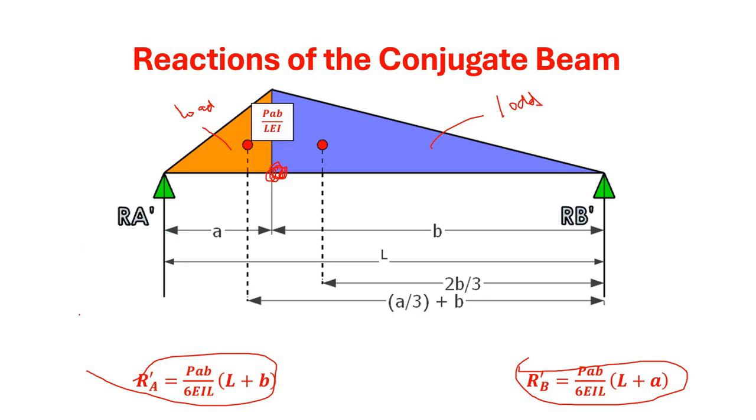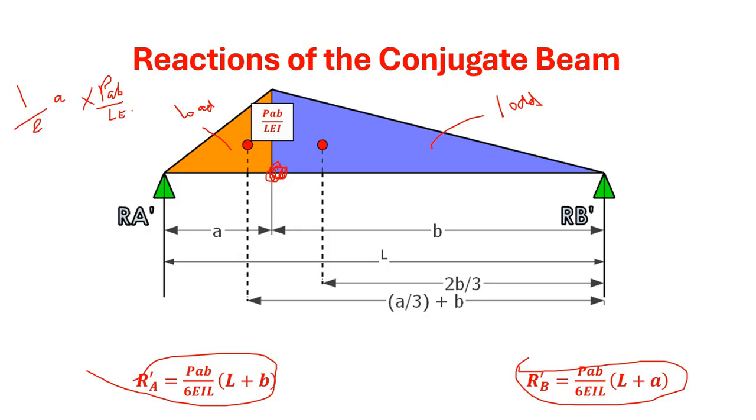It's very simple, that you multiply RA and the lever arm distance is A. Then you subtract the moment due to the saffron color triangular loading. So saffron color triangular loading is nothing but the area of the triangle. So the area of the triangle is half into this small a multiplied by PAB by LEI.